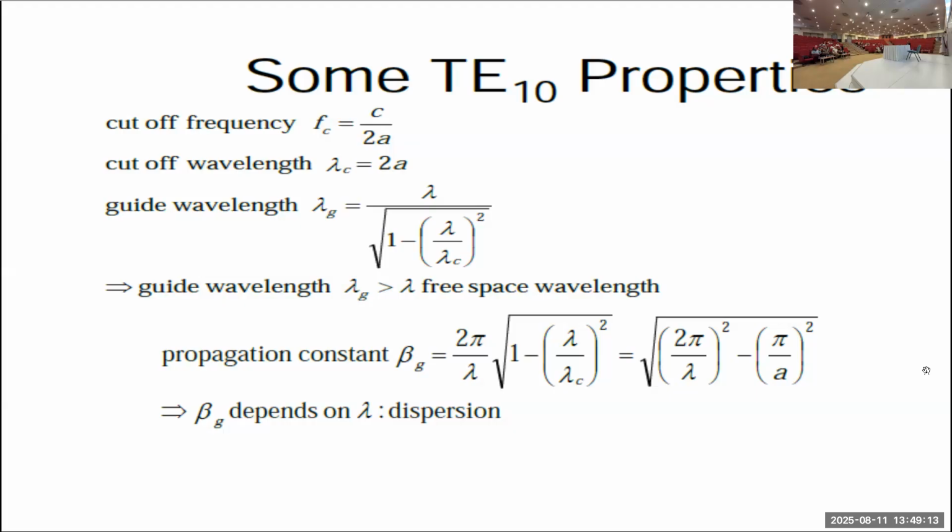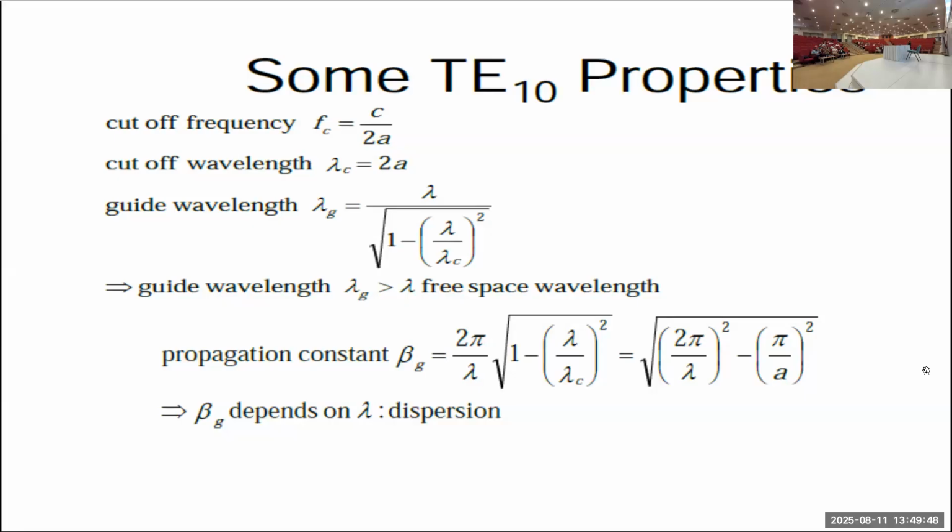There is another effect when we have electromagnetic waves bounded by boundary conditions: their wavelength is increased. That wavelength is called the guide wavelength, and it is always larger than the wavelength in free space. This guide wavelength can be defined as lambda divided by the square root of 1 minus (lambda by lambda cutoff) squared.